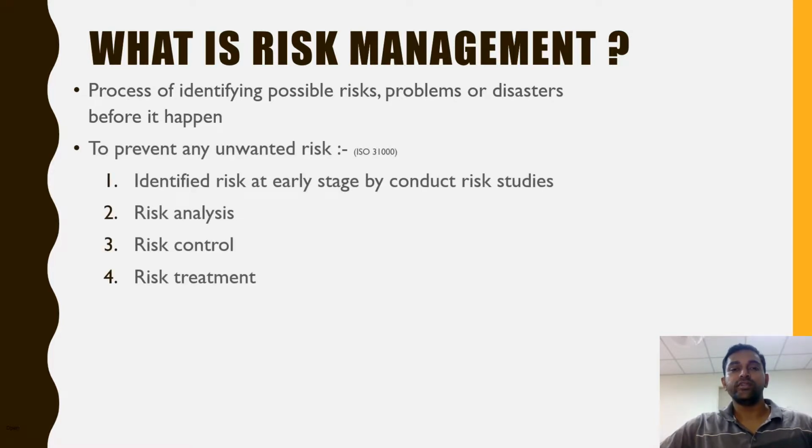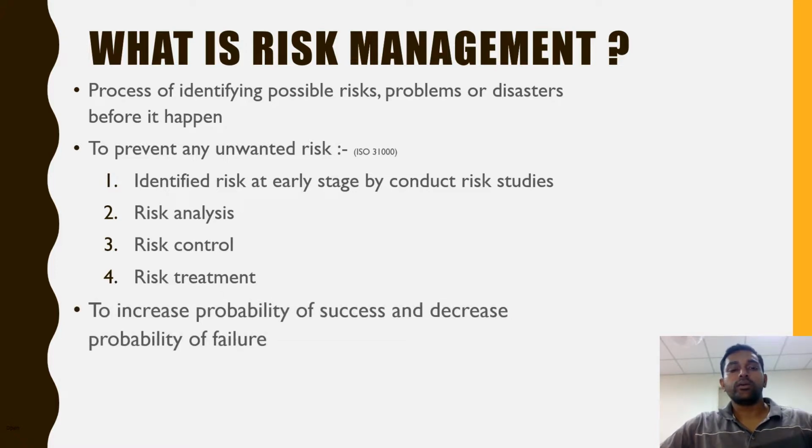To do risk management, there are a few steps we need to follow to ensure we are in the correct order. First we identify the risk, then we analyze the risk, then we control the risk, and we treat the risk. And why do we need to do risk management?